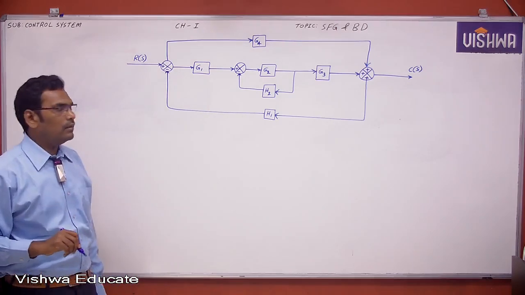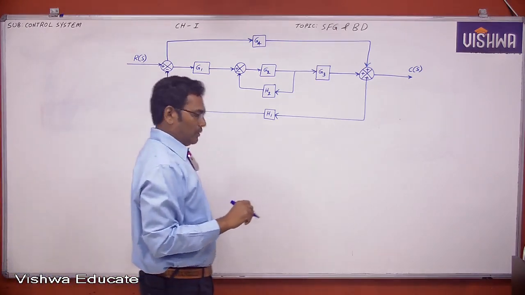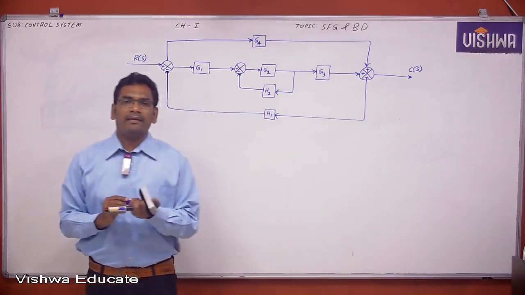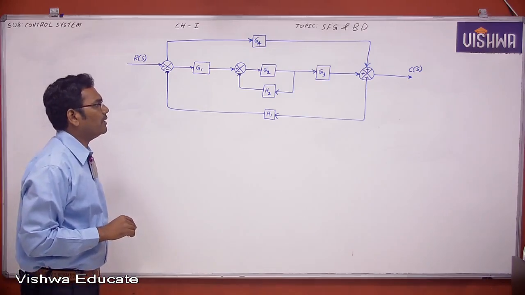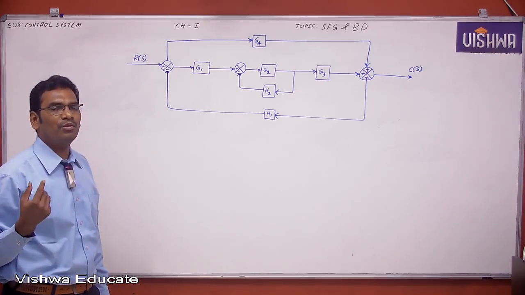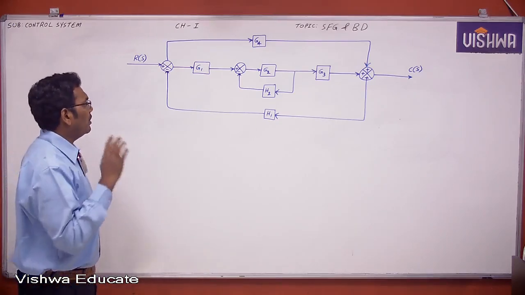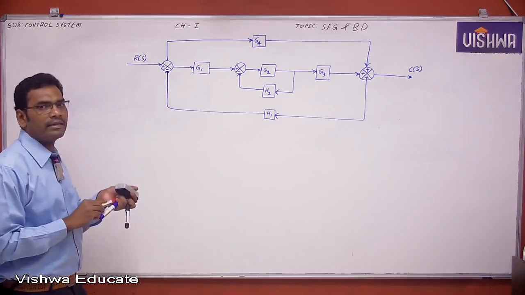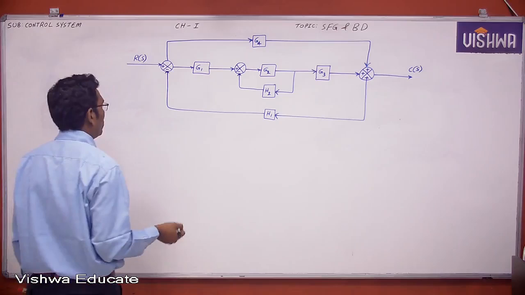Now you try to concentrate here. Which rule do I have to apply? Which block diagram reduction techniques do we need to apply in this block diagram? That is one confusion. In the block diagram, the problem is that you have to remember the rule and at which particular point to apply it. There is a confusion, but in order to avoid that confusion, I will solve this problem in another manner.